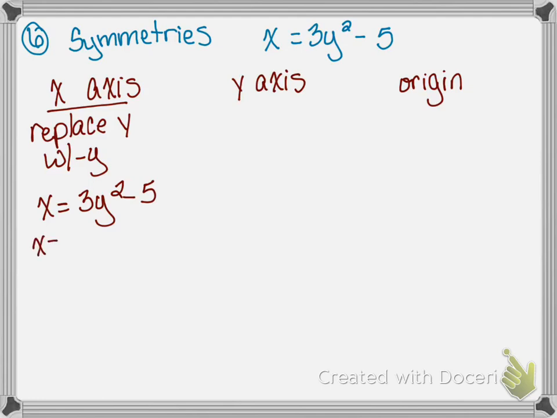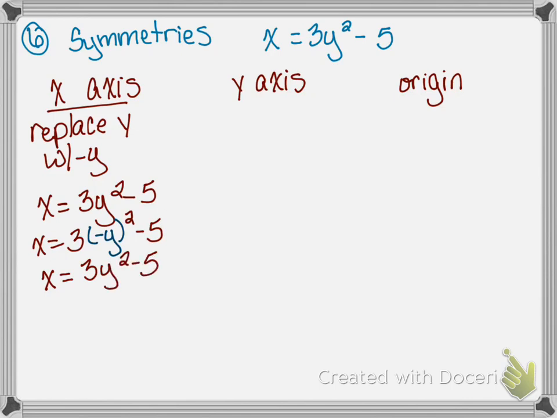I'm going to take out that y and put in -y. It's still going to be squared, and I'm still subtracting 5. So I have to deal with this -y squared first. The negative and the y are being squared, and a negative squared gives me positive, so that's positive y squared.